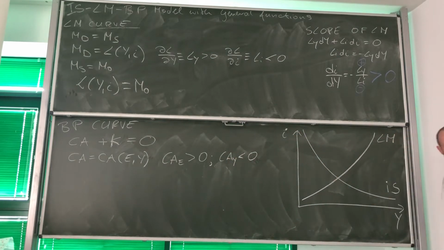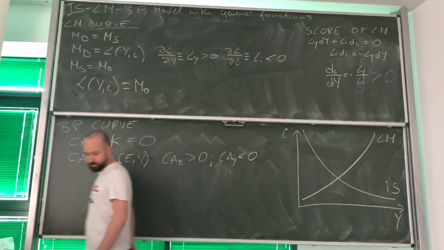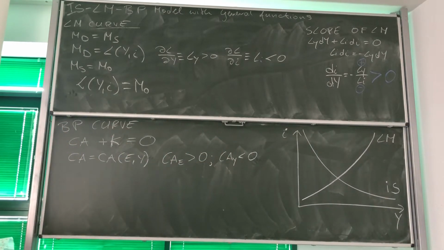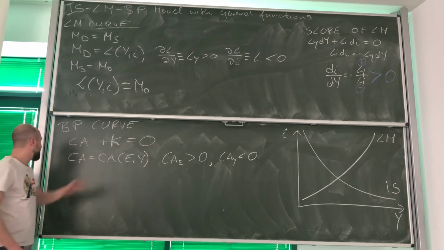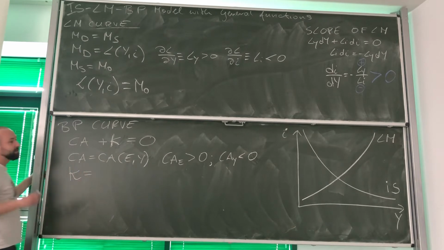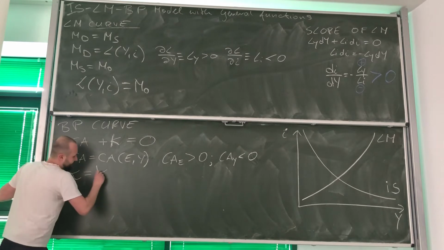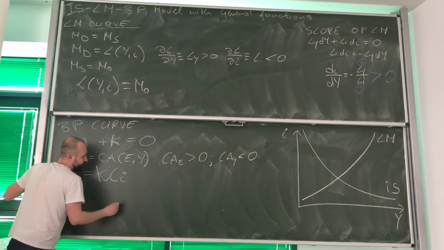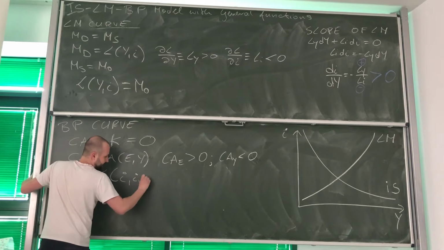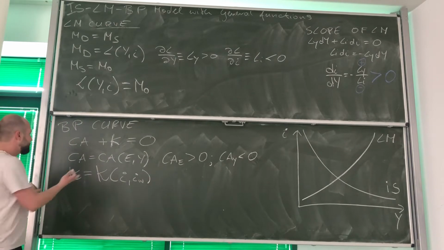Higher income means higher imports and worsening of the trade balance. However, now we've got also a capital account function, and similarly to what we had previously, the capital account is going to be a function of domestic and world interest rate.